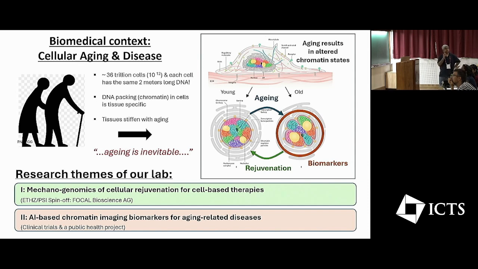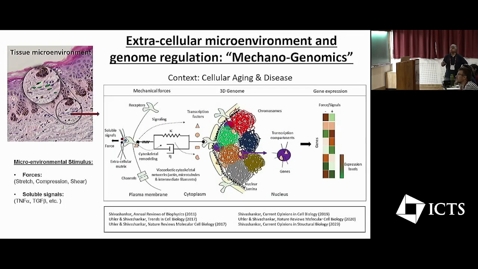Can we capture it well? If we can capture it well, this could be a very ultra-sensitive biomarker for cell states and cell state transitions. So that's the kind of questions that we ask. And today I'm going to talk mostly about how we can bring AI into this context.